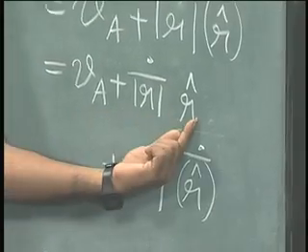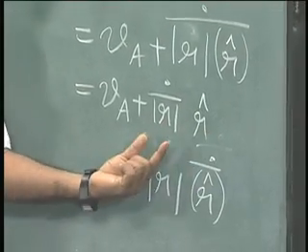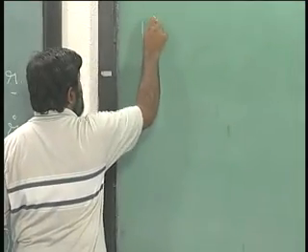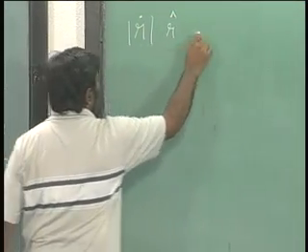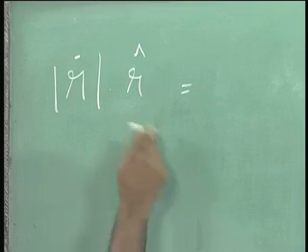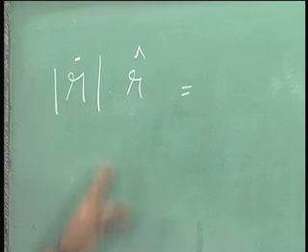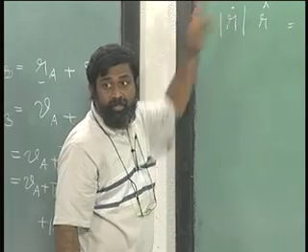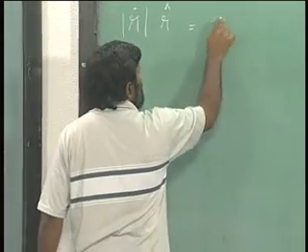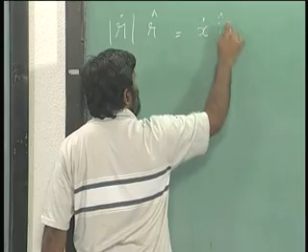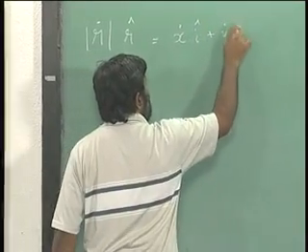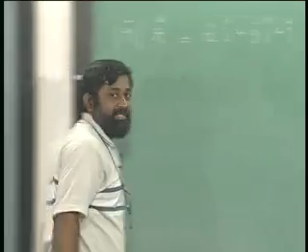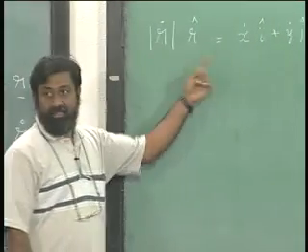What is this? If I am using i, j, k here, this is nothing but the magnitude of R dot, so it is x dot i plus y dot j plus z dot k. Do you understand this? This is what it means.